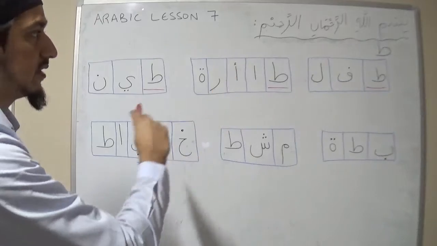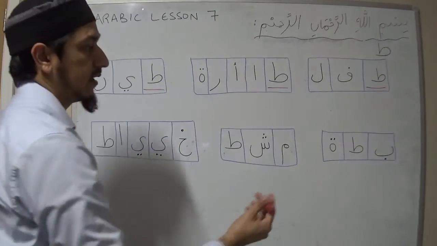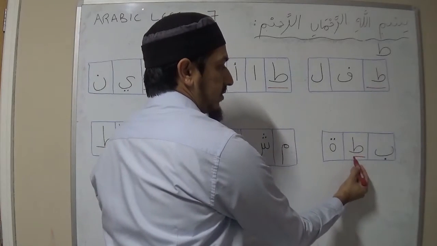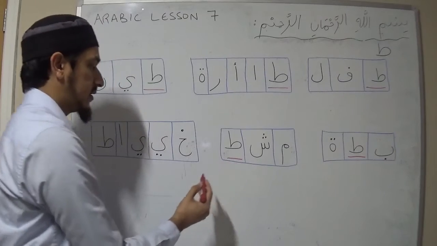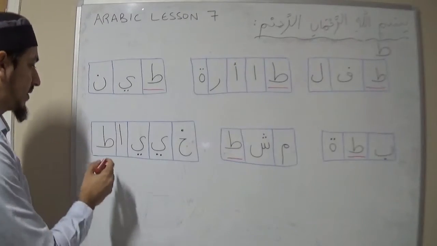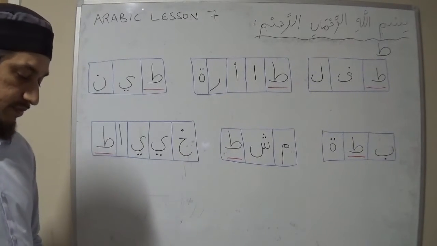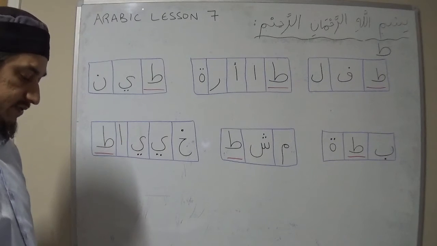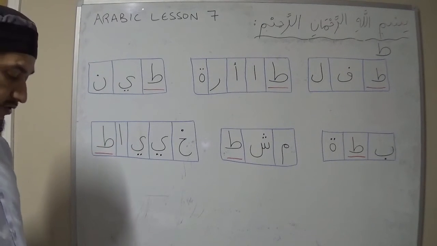So each letter has been shown in its full form, and here, as we've been doing in the previous lessons as well, we're looking at that in the middle, and then I go towards the end. Usually this one's joined up, so sheen would join to ta, but then here we have the alif, and that won't join to ta. So it's just to show you two end examples. So this is just another format of seeing it, and let's start joining these.